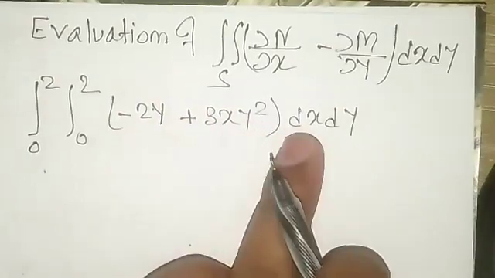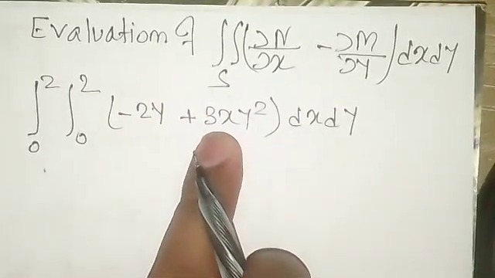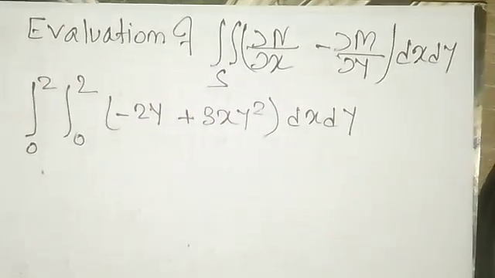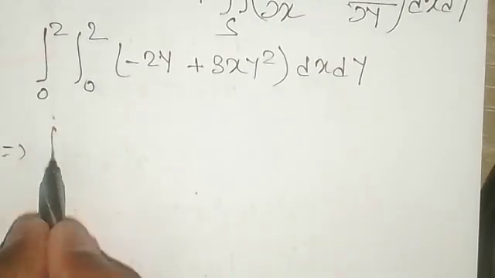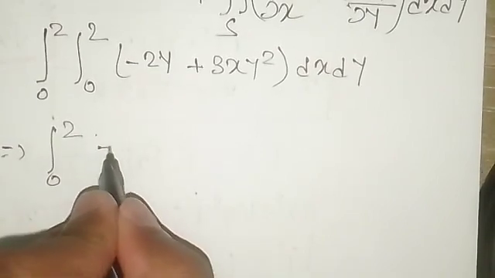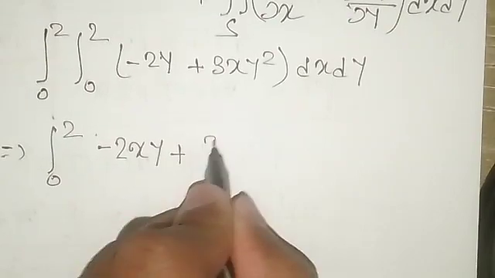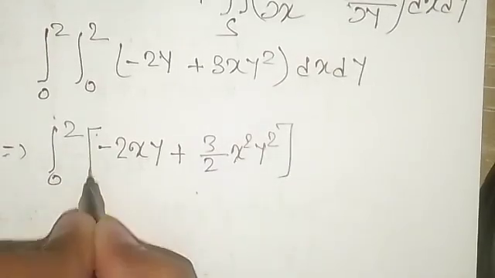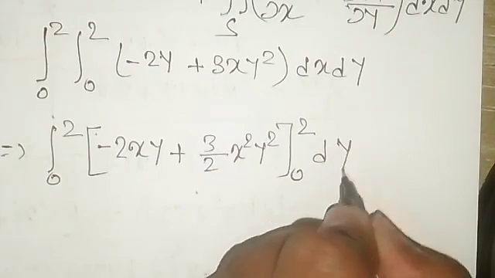First you have to integrate with respect to dx. So it is minus 2xy, and this is plus 3x square y square by 2, right? So this is what you got. That is, the simple integration is there. That is, one integration still remains, 0 to 2. Its integration is nothing but minus 2xy, plus 3 by 2 into x square y square, and the limit from 0 to 2, and this dy I am leaving as it is, right?